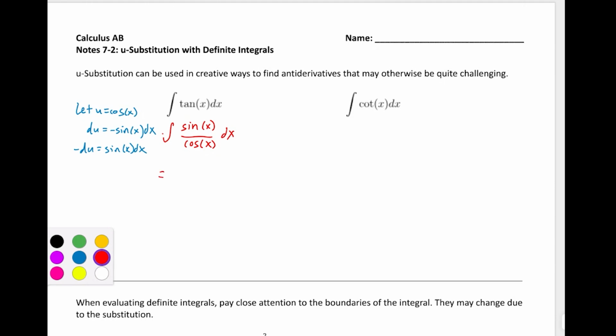So this integral would be, since cosine is u, 1 over u, or u to the -1, times negative du, but I'm going to bring that negative out to the front.